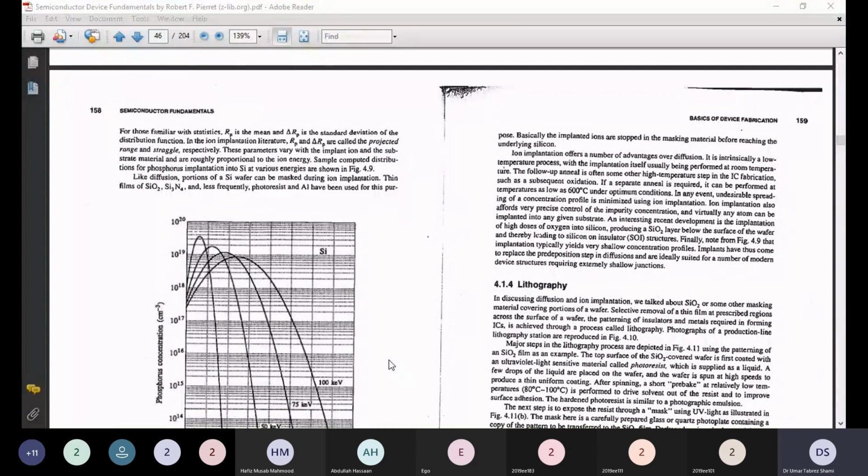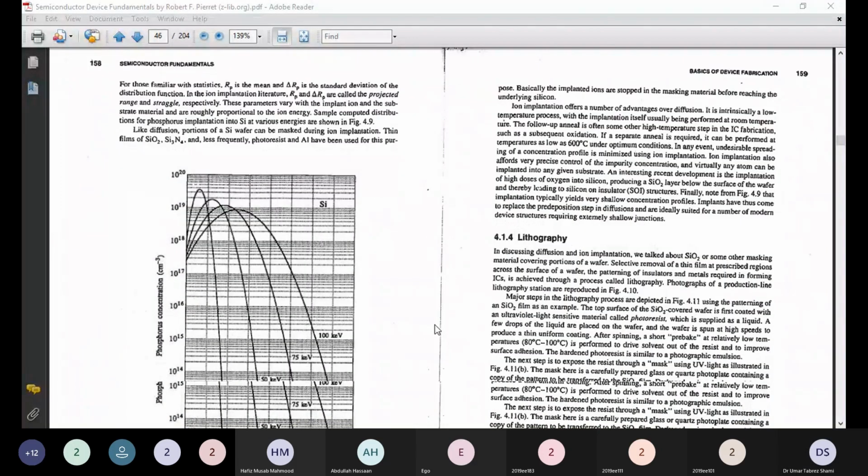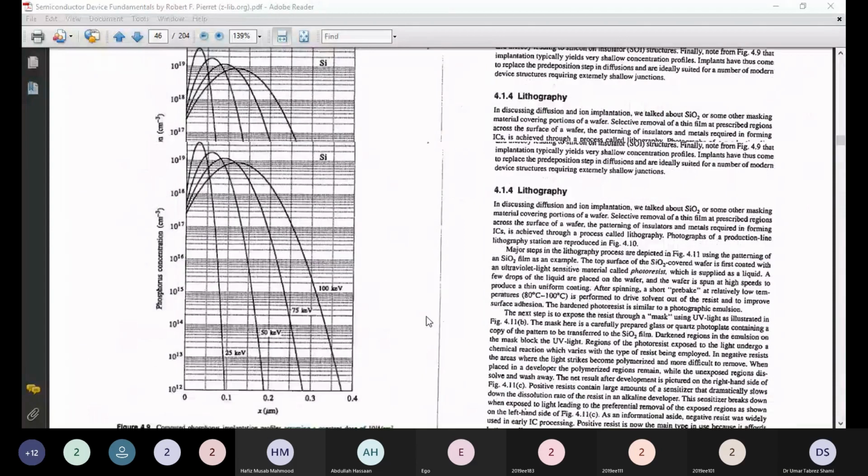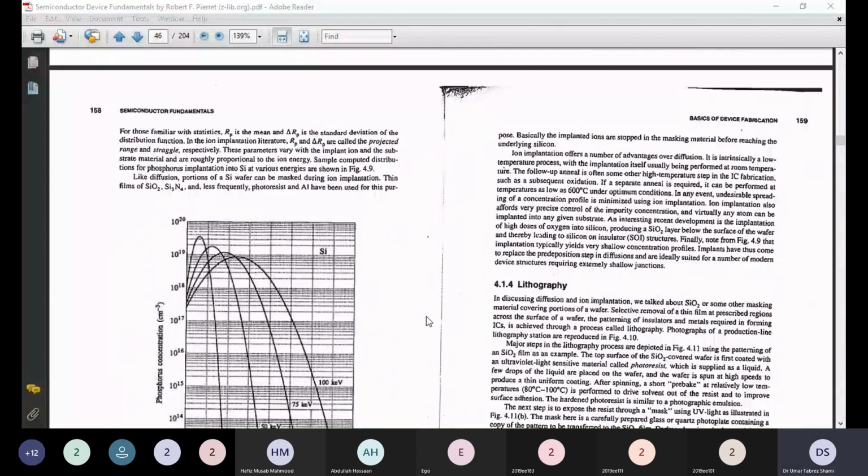Thin films of silicon oxide, silicon nitride, and less frequently photoresist and aluminum have been used for this purpose. Basically, the implanted ions are stopped in the masking material before reaching the underlying silicon.